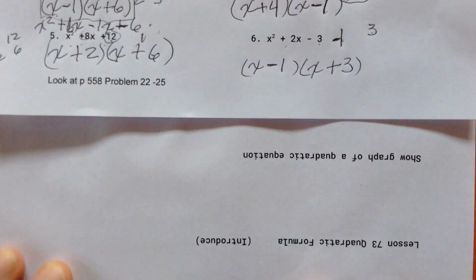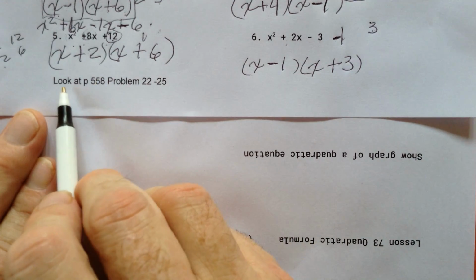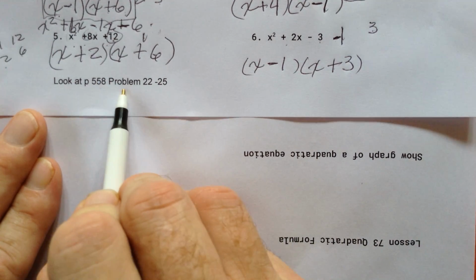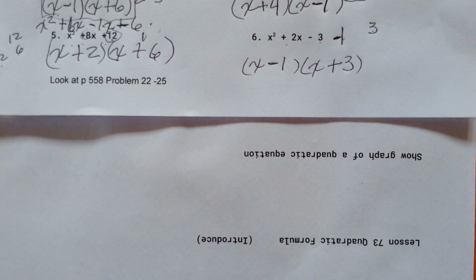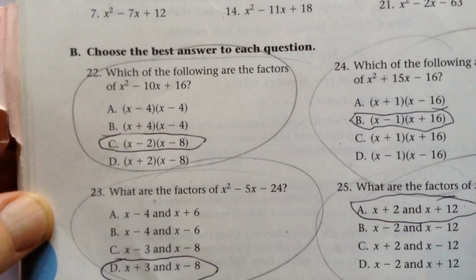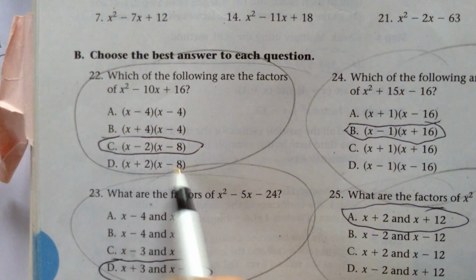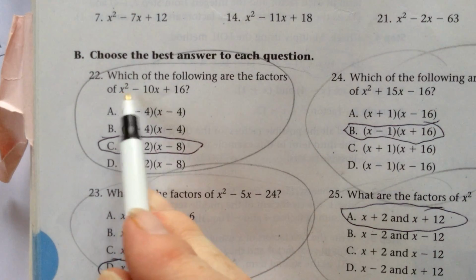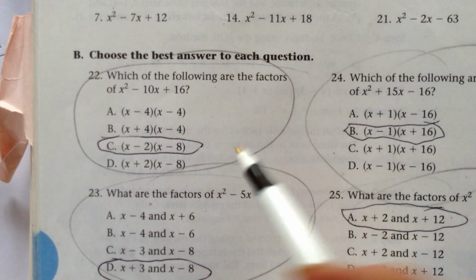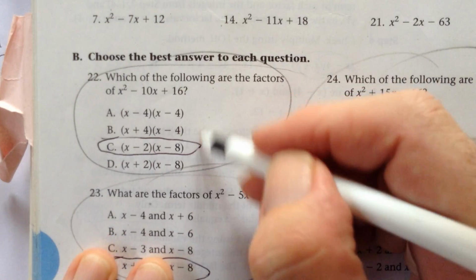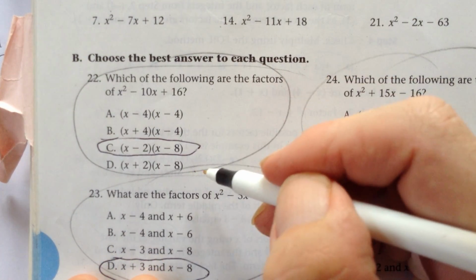Okay, and then I had a note here. Look at page 558 in the book, problems 22 through 25. Let me see if I can get it on camera here. Now on the test, sometimes they'll give you choices. They'll give you the quadratic equation, and then it'll give you 4 choices and tell you which one is correct.